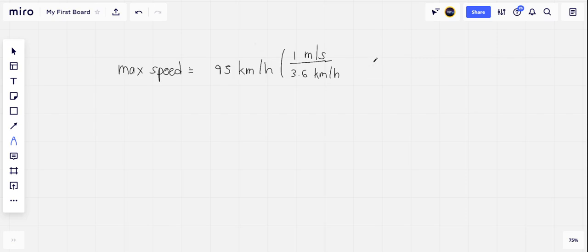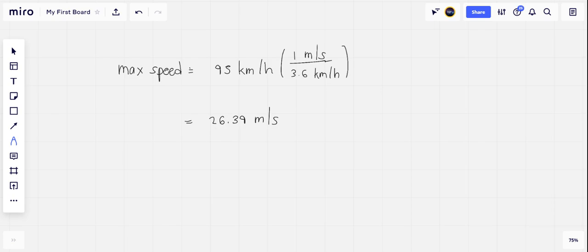So converting kilometers to meters and hours to seconds. This gives us the maximum speed of the train in SI units to be 26.39 meters per second.